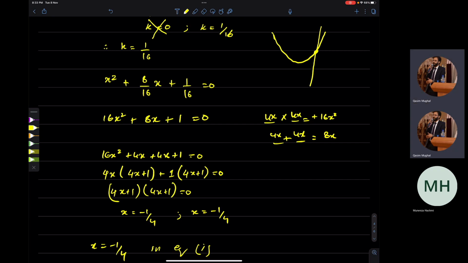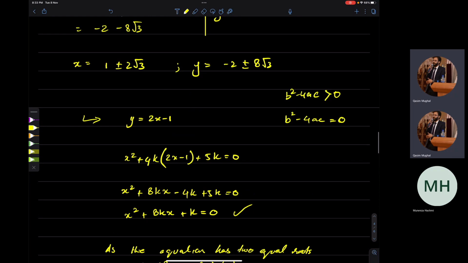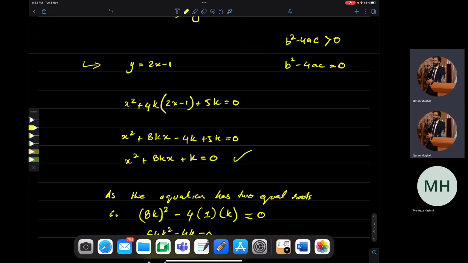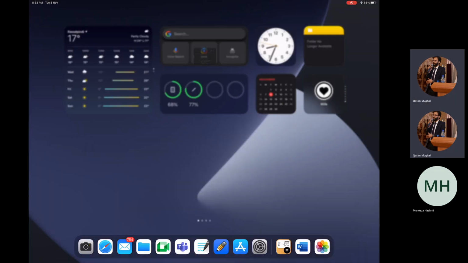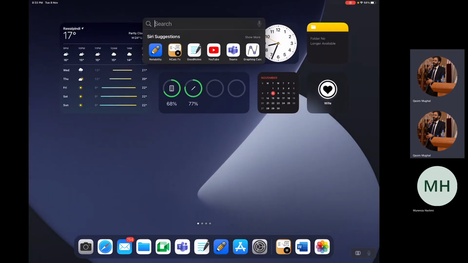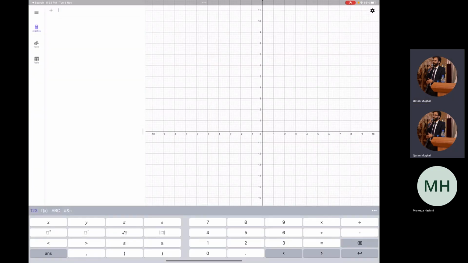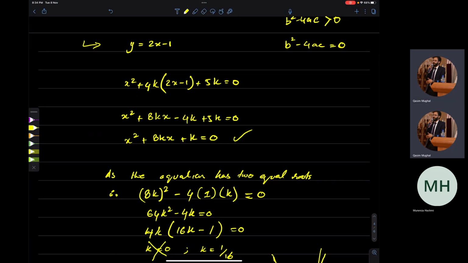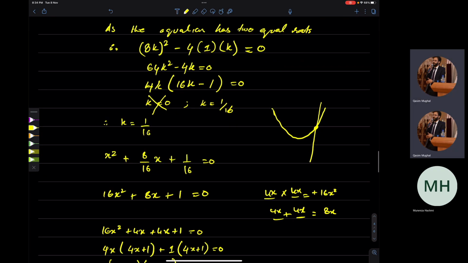Okay. All right, let me just try drawing the line for it. One of the equations was 2x minus y equals 1. All right, so 2x minus y equals 1. Now the other equation was, okay, that's a bit complex. X squared plus 4. K was 1 by 4, isn't it? No, 1 by 16.